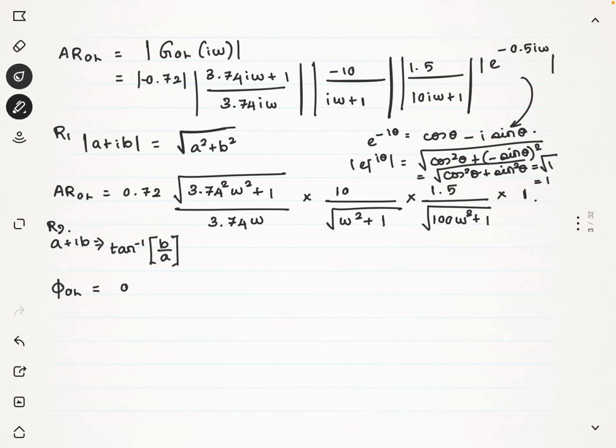So first we'll have a 0, and then 3.74 I omega plus 1, that is tan inverse of b by a. B is 3.74 omega.